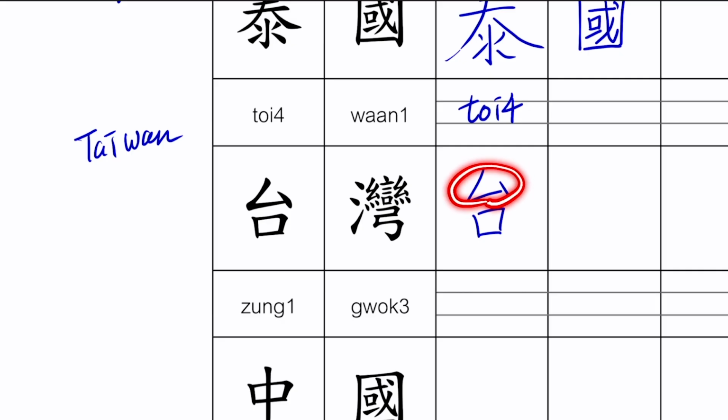This part is actually larger than this part, okay? You will see, it covers the mouth, okay? But in fact, the character toi has another variation, which is a bit difficult, but you may also see it, which is like this.